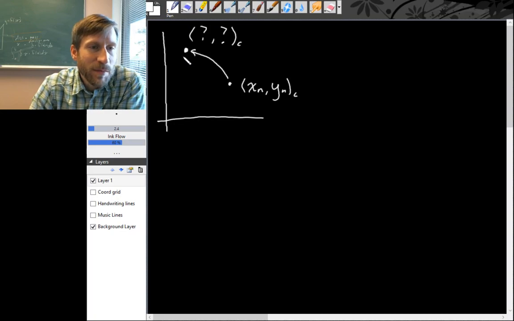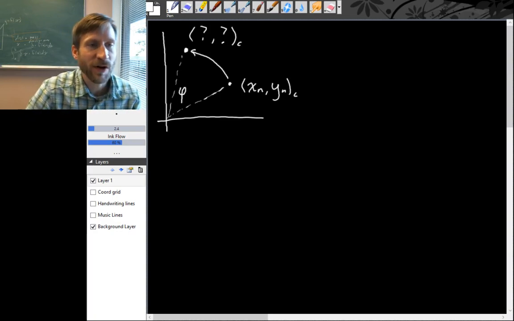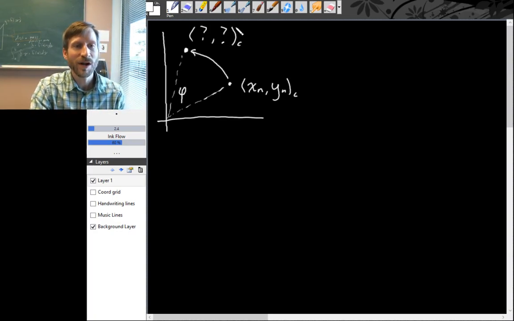All right, and let's suppose that the angle that we're rotating this point is phi. I don't want to call it theta because I'm going to use theta for something else. Our job is to figure out what are these new coordinates for this point. And we have to keep in mind that really there are thousands or even millions of points that we're going to do this with.